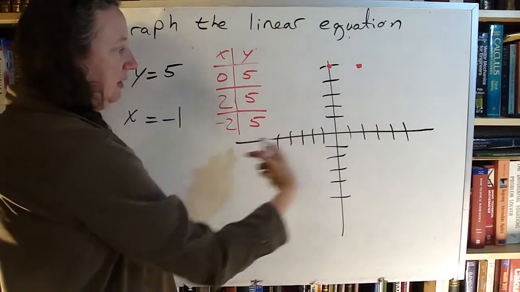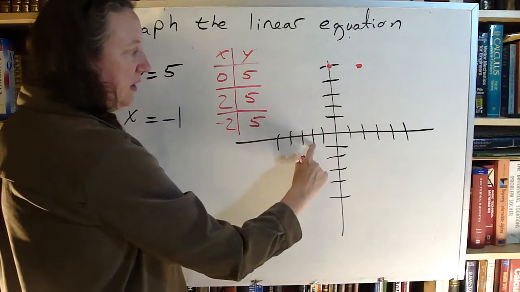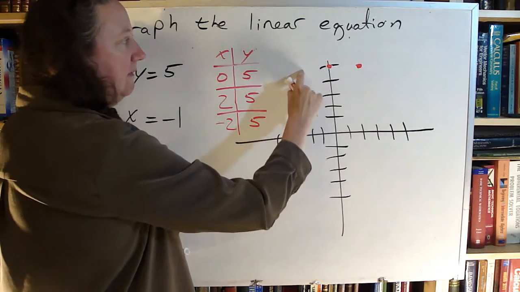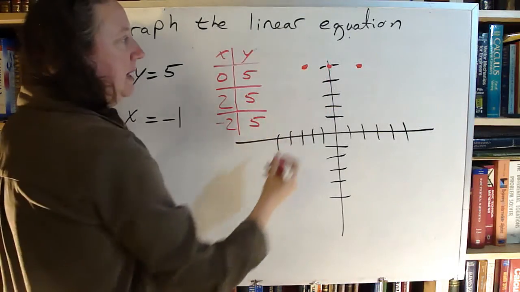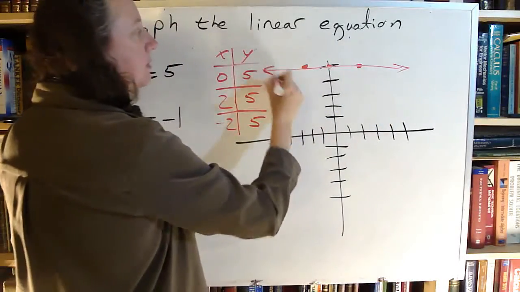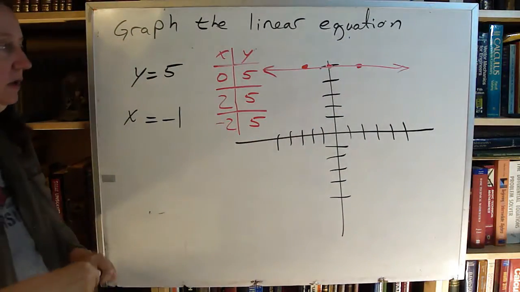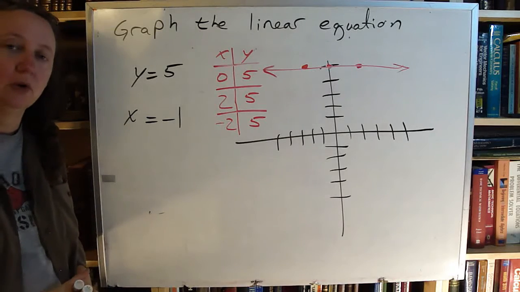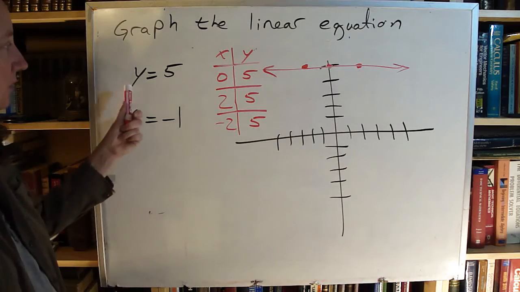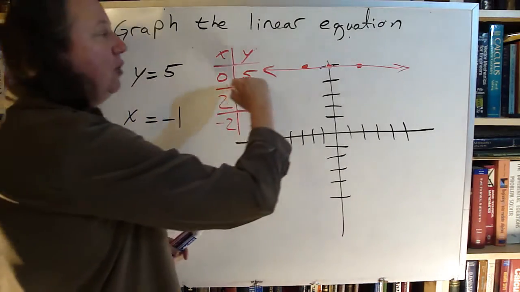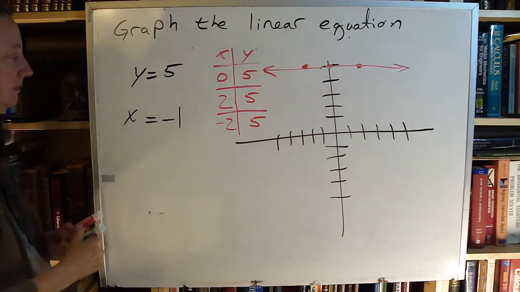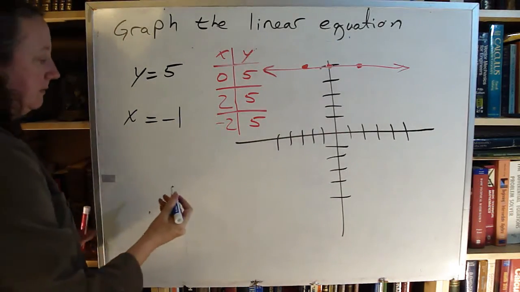Negative 2, 5, so that's negative 2 in my x direction, go up 5, 1, 2, 3, 4, 5, put my dot in, draw my line, and put the arrows on the edges of the lines so that I know that I could have chosen bigger or smaller numbers. So y equals 5 is a horizontal line. X equals negative 1.